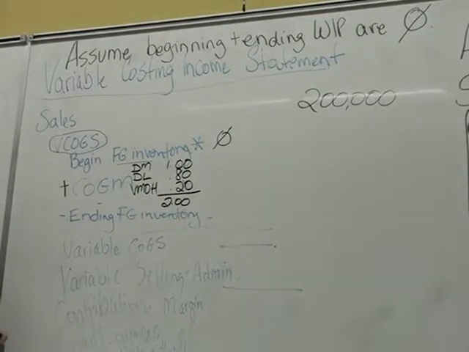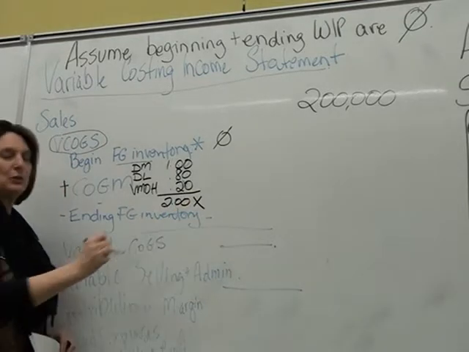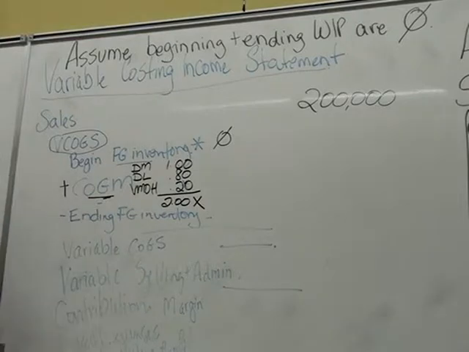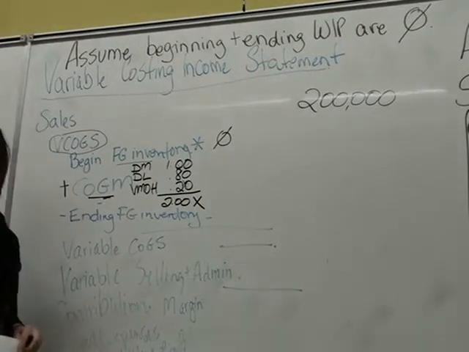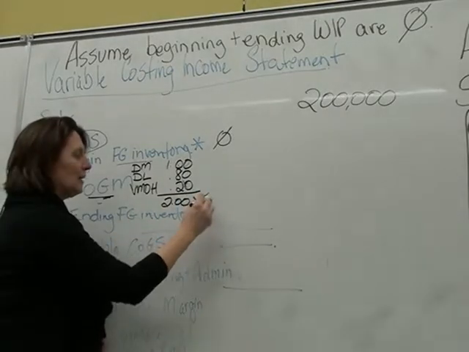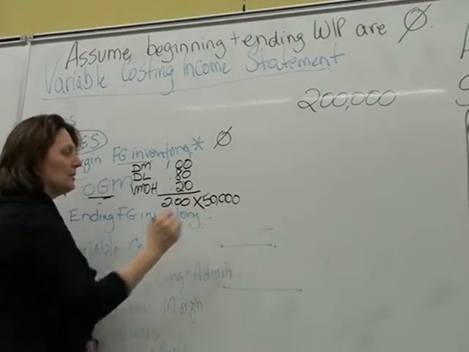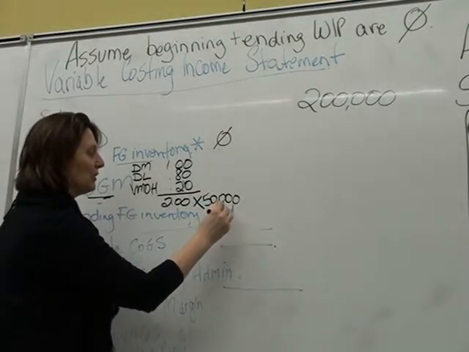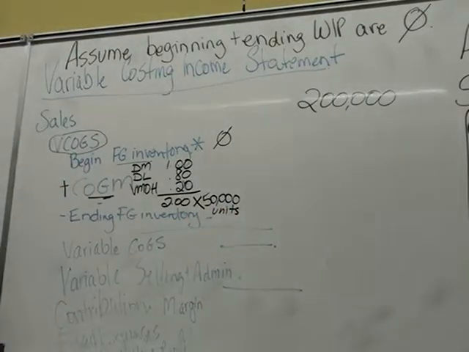And if you multiply that by the number of units we produced, that gives you this, with the exception of adding the beginning work in progress and subtracting the ending work in progress, which I told you was 0. So if you did that and multiplied it by 50,000 units, thank you, that's important, that is your variable cost of goods manufactured.